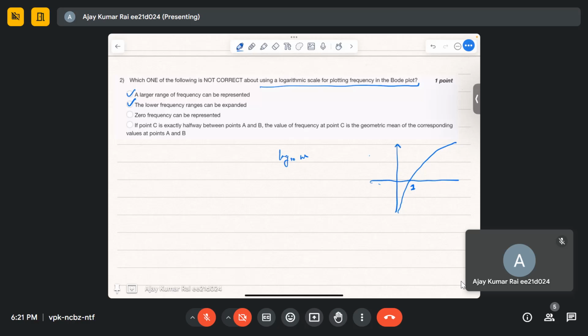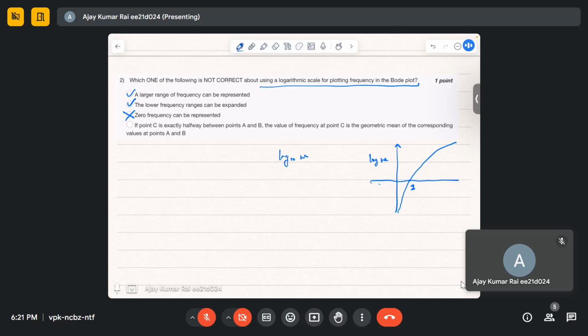This is like log of omega. That's why we will not represent a zero frequency. We can represent a very small frequency like 0.001, but we will not be representing zero frequency on the log scale. So this statement is wrong, because it's not defined at omega equals zero. You can see that from the plot also.